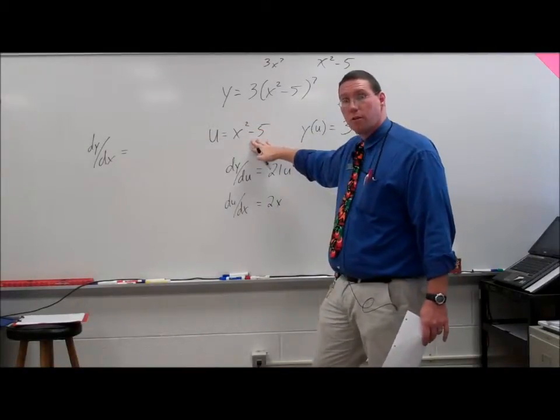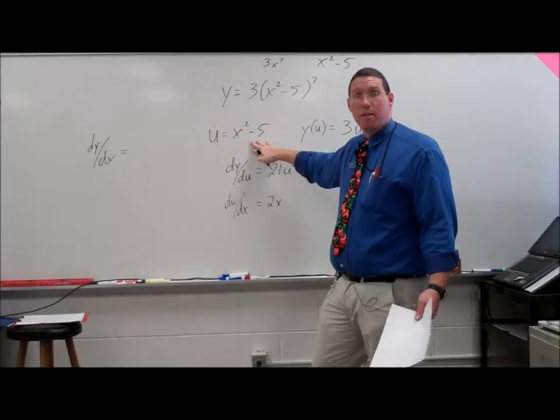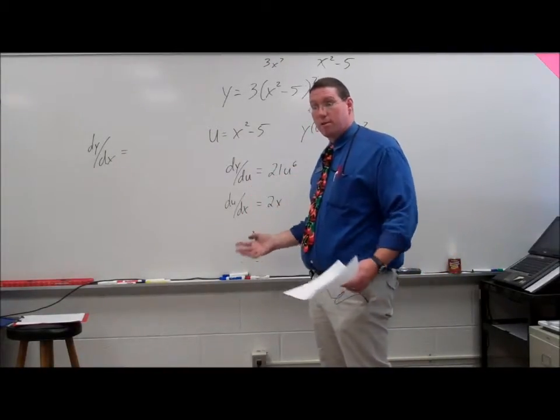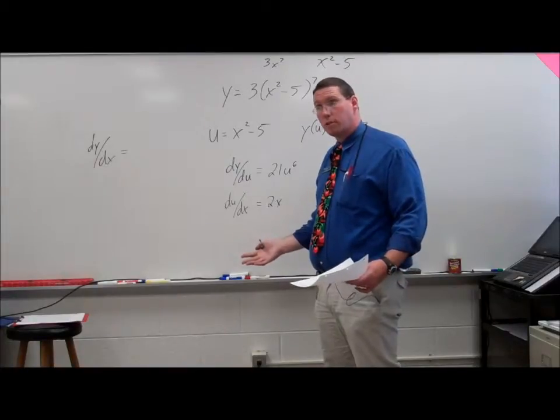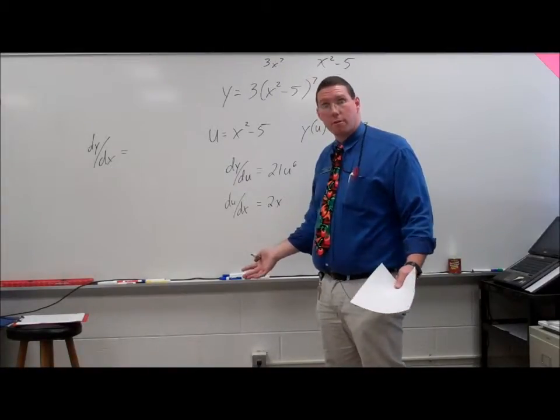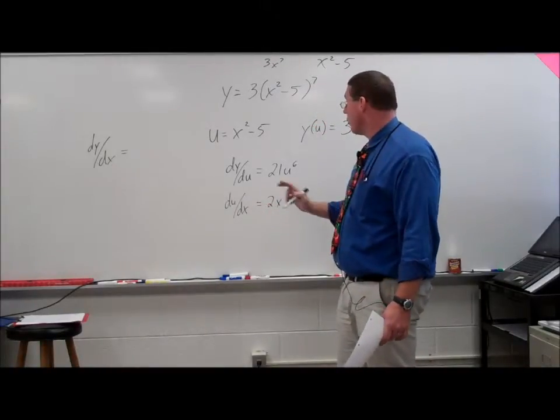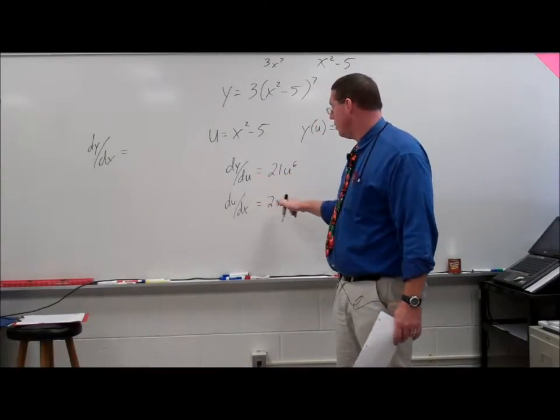And the derivative of any constant is 0, because the rate at which a constant changes is 0, because constants don't change. Why? Because they're constant. They don't change at all, so no rate of change. So it's just 2x. So we've got dy du, we've got du dx.